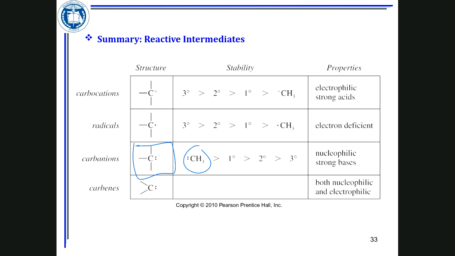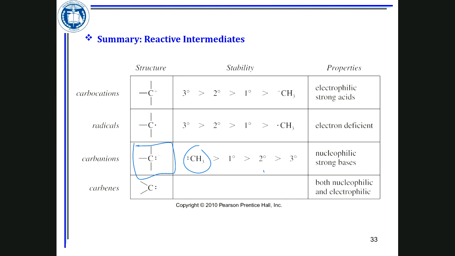When carbon carries a negative charge, primary is less hindered. It already has too much electron density around it, so it doesn't need extra force or steric hindrance from other groups. So primary is going to be more stable for carbanion than secondary, than tertiary, because it doesn't like too many groups around it.